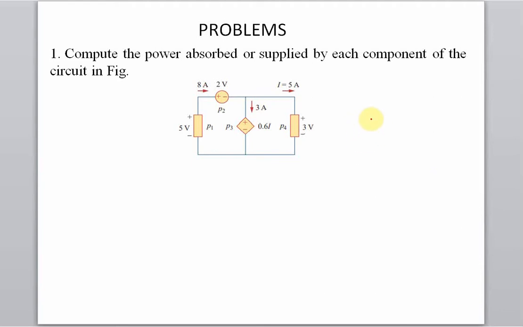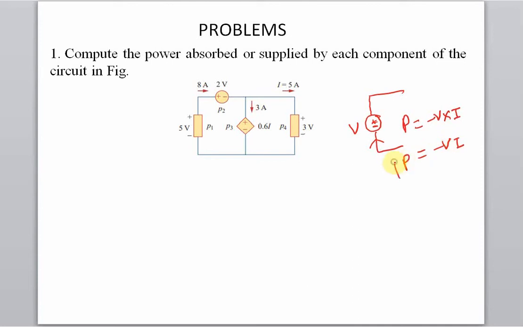As we mentioned previously, if there is a voltage source like this, and current is going from this one, we can write the power as the multiplication of voltage and current. It will be minus Vi.